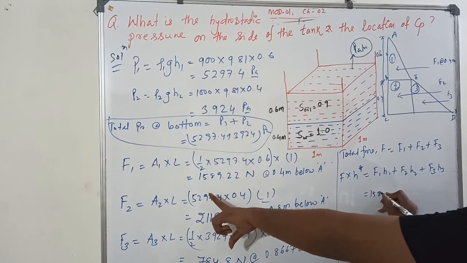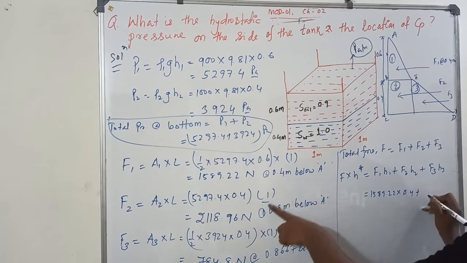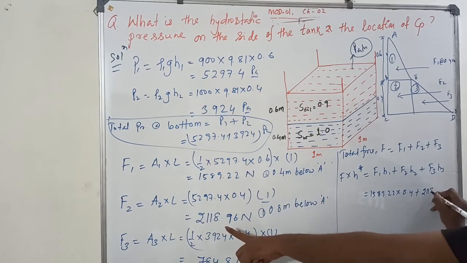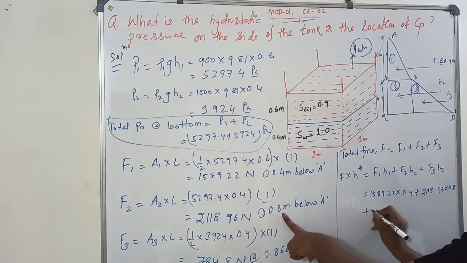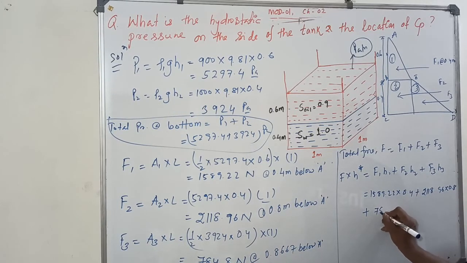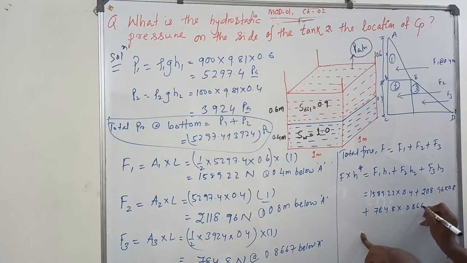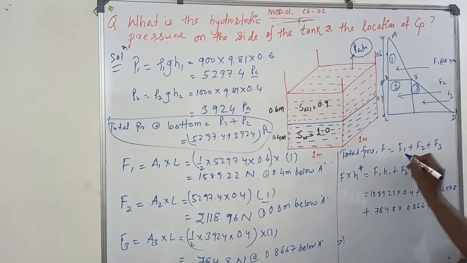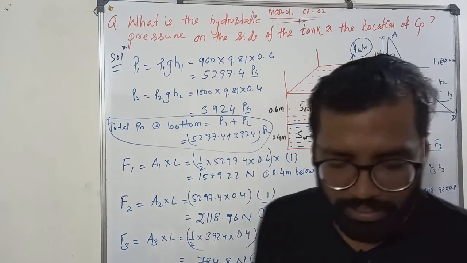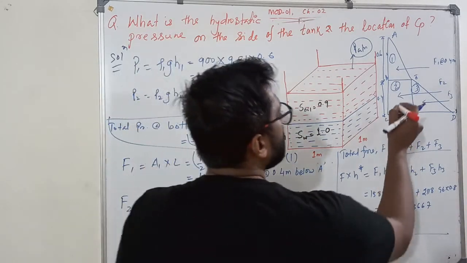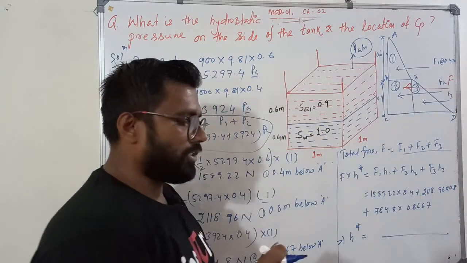Sir, 1589.22 multiply H1 0.4 plus F2 2118.96 multiply H2 0.8 plus F3 784.8 multiplied by H3 0.8667. F you already know. So this implies H star equal to, tell me the value. That is the total pressure force F. Okay, understood?